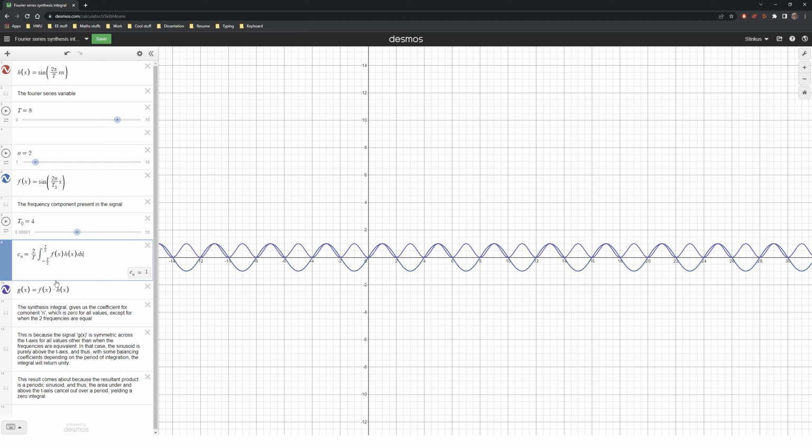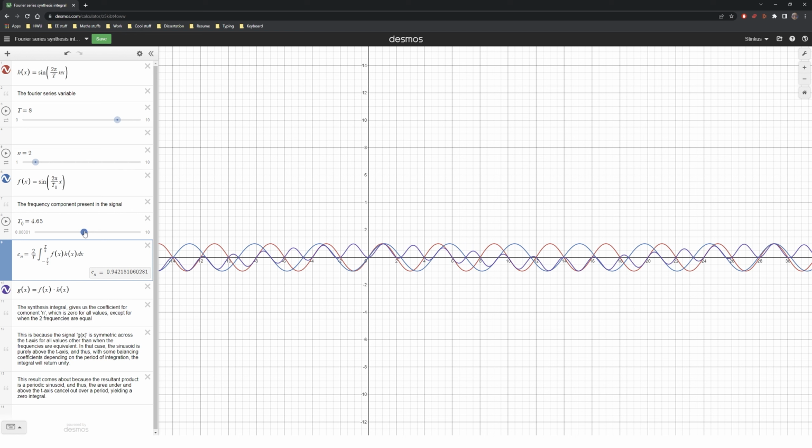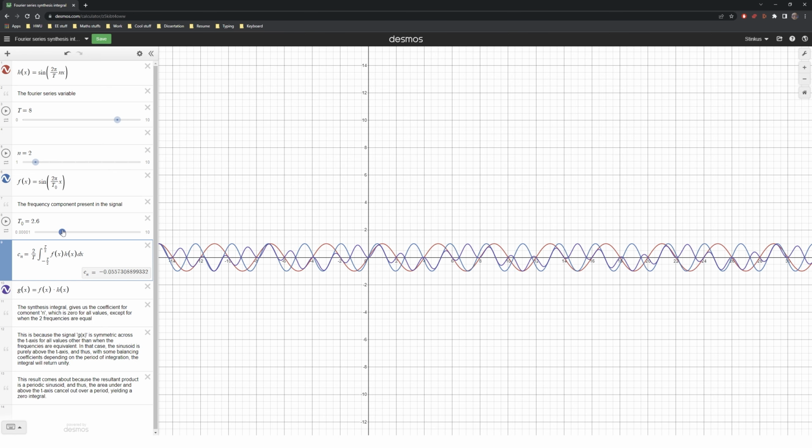There is one thing to note: if we look at the values of this integral, we'll notice that when we're close to the period, the integral is still around 1. It's not that close to 0.